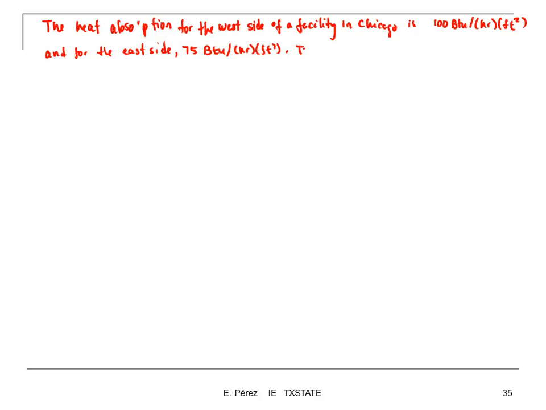We also need the shade factor for awnings, and that's 0.3. So now we can compute the factor for the heat absorption.